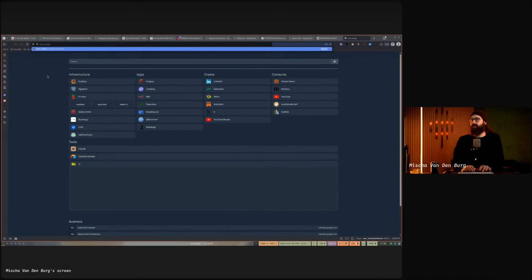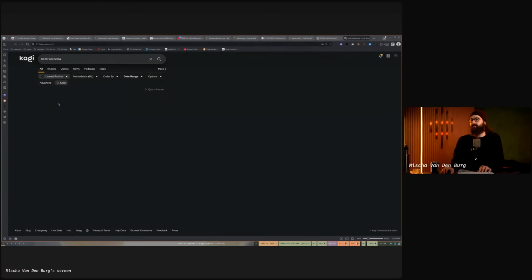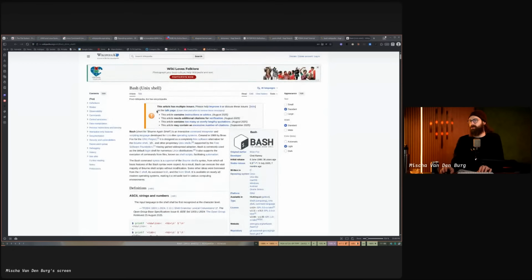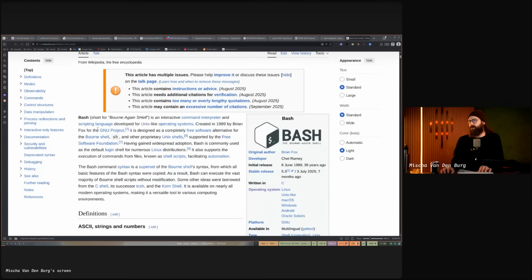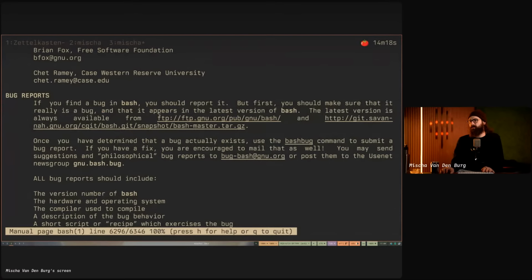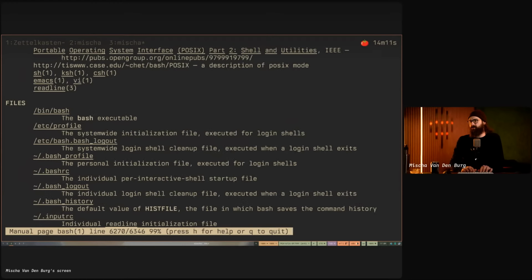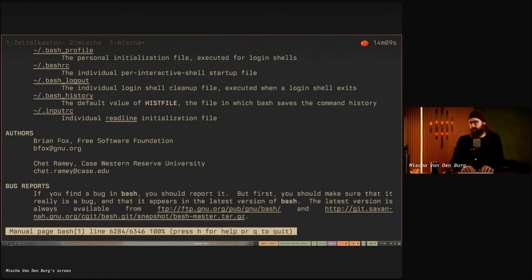Bash Wikipedia. Bash Unix shell. Yeah, Brian Fox. Okay, so that is correct. So it's not the author of the man page. We established that. It's actually the author of the command.